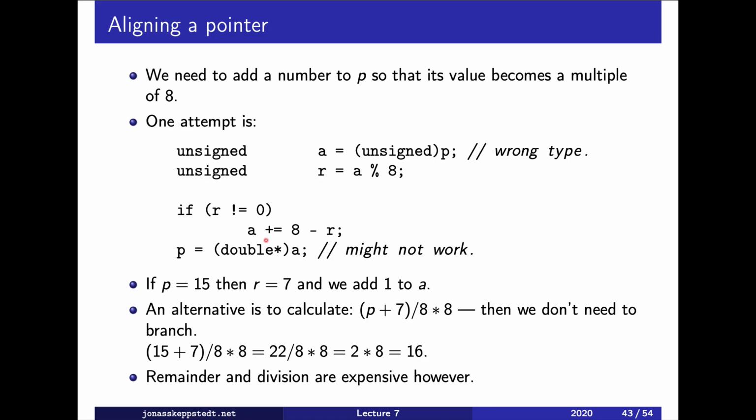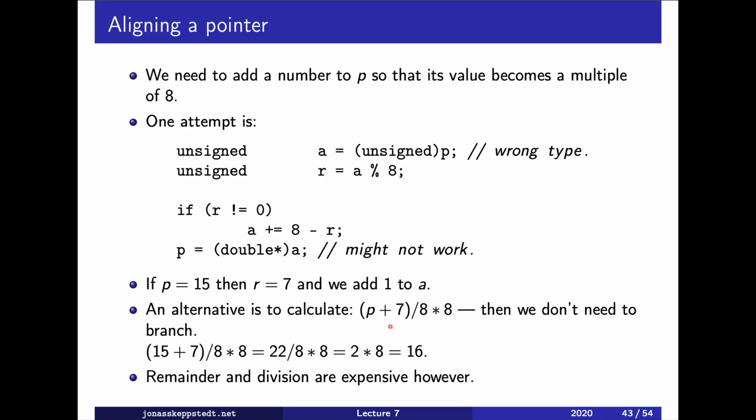But let's get the idea anyway. So what we can do is to add one less than the alignment requirement, and then divide by 8 and multiply by 8. Then we get the next multiple of 8 as the value of this expression.